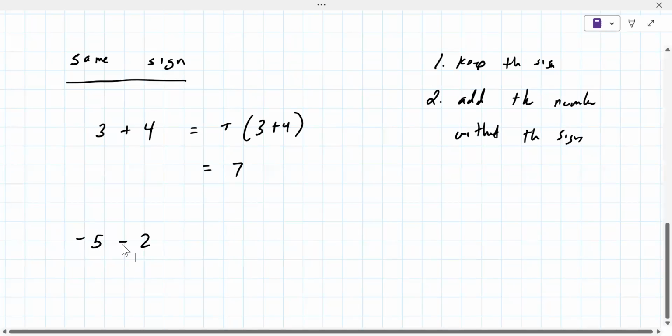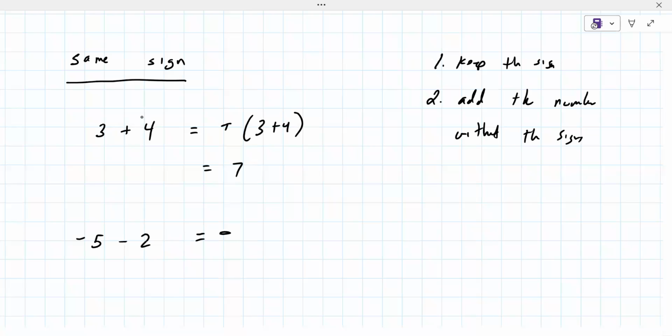That subtraction operator, when it goes with the other number, they're both negative. So these are the same sign again. Since they're the same sign, you keep the sign. It has to be negative, and then you add the numbers without the sign. 5 plus 2 is 7. So the result here is -7.